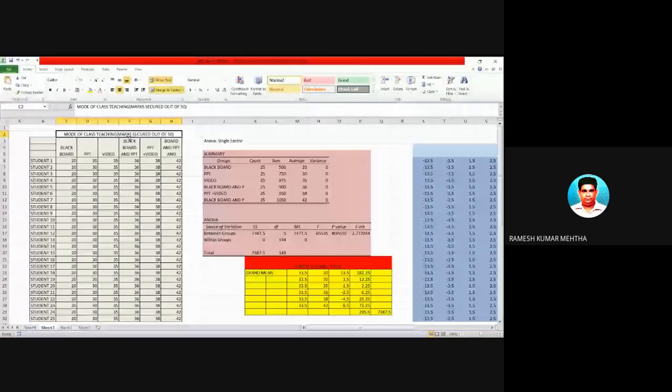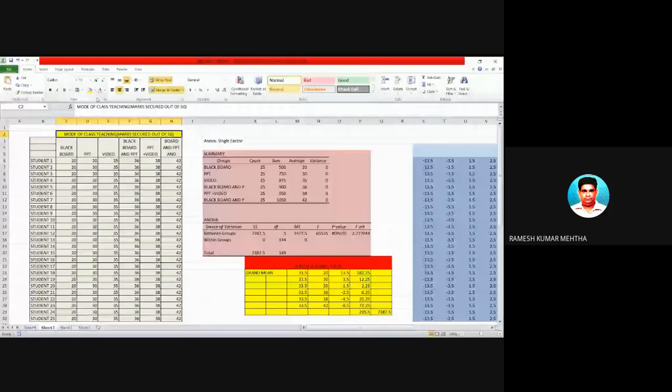So in this example, if you are able to see the PPT, Excel sheet, there are 6 different methods of teaching which are adopted by a particular college or academic institution.